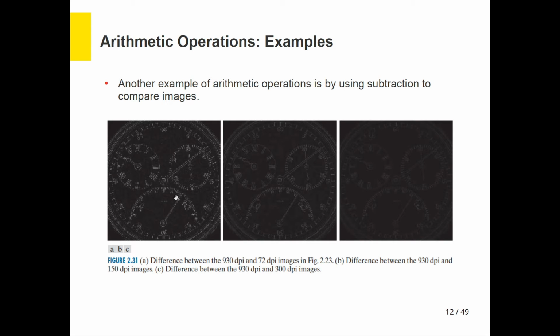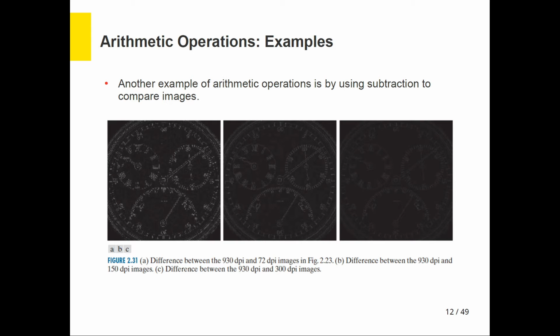The first image is computed by finding the difference between a 930 dot per inch and a 72 dot per inch image. As you can see, in the regions that are uniform in intensity, the amount of difference is very small, so that's why it showed as black. On the other hand, in regions that have edges, we have much more error.